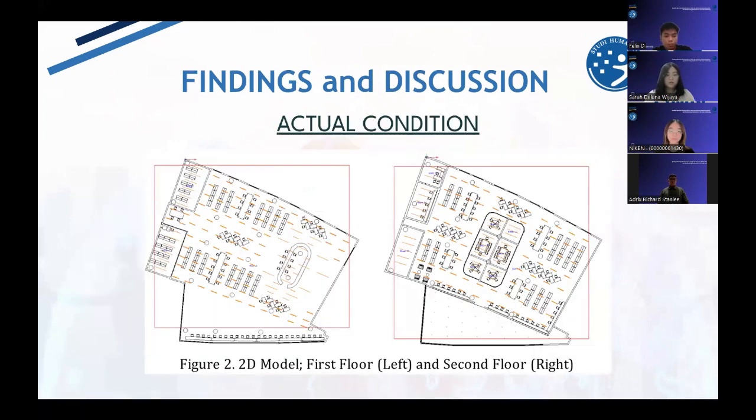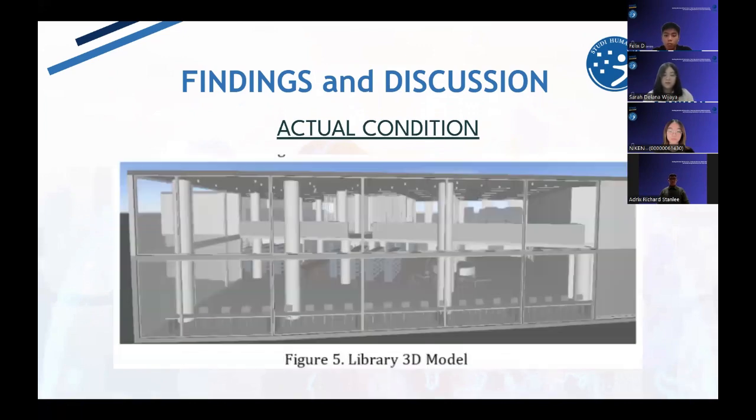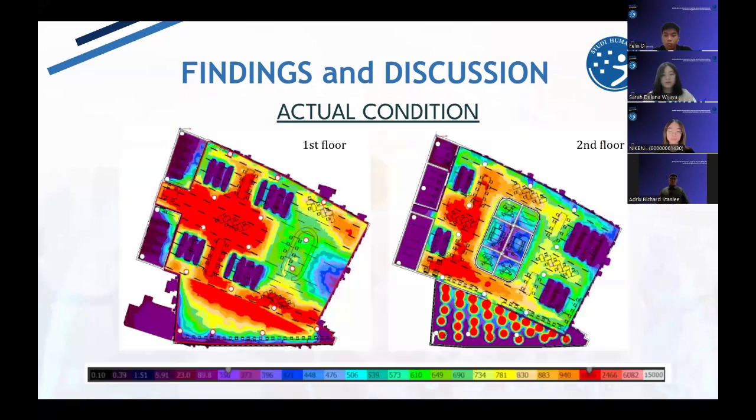The actual condition simulation began with making the 2D and 3D model of the library based on the site plan and direct observation. This is the 2D model of the first floor and the second floor of the library. And here is the 3D model of the library.